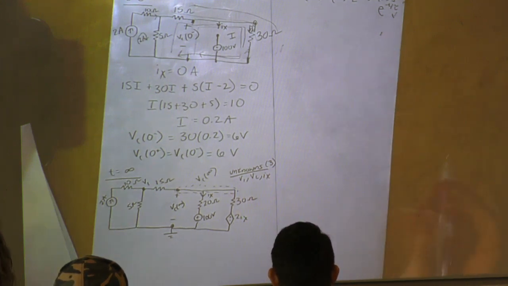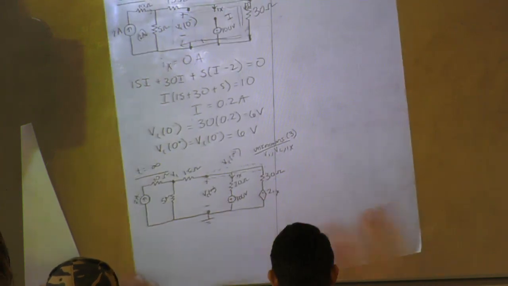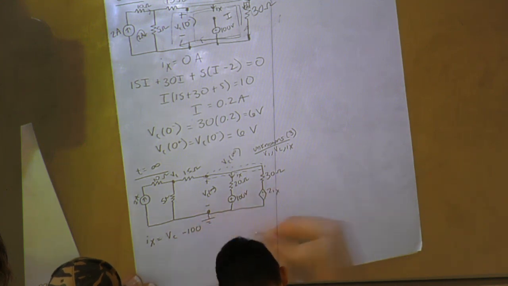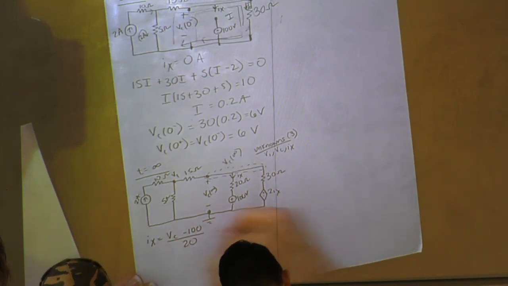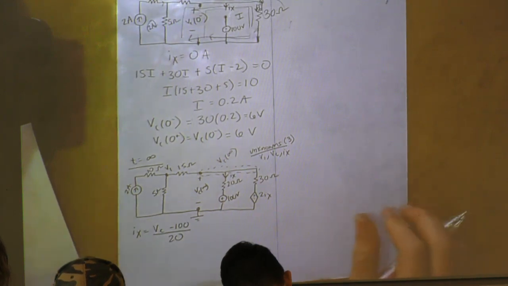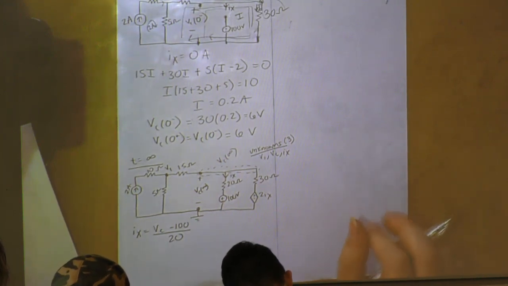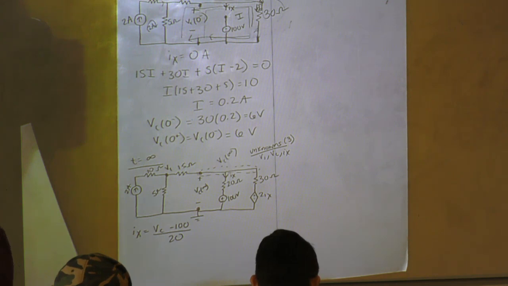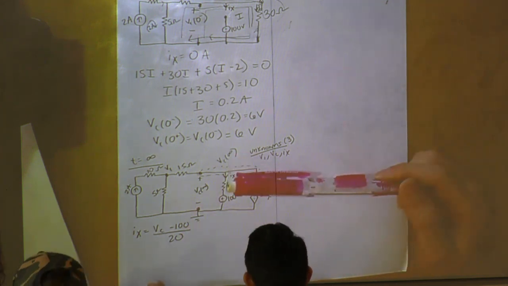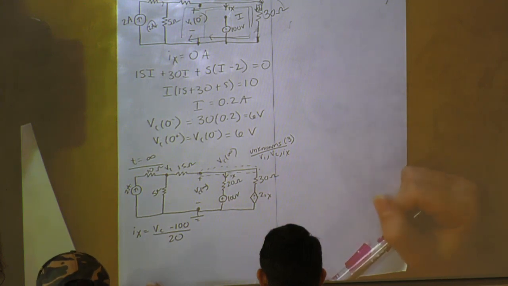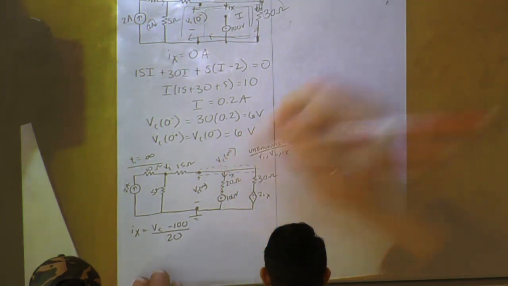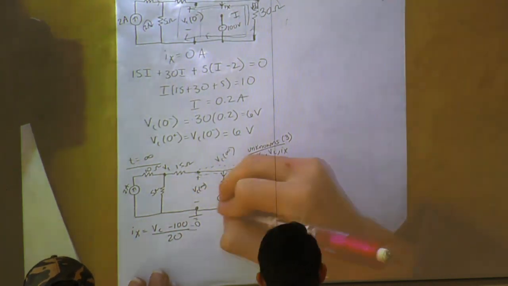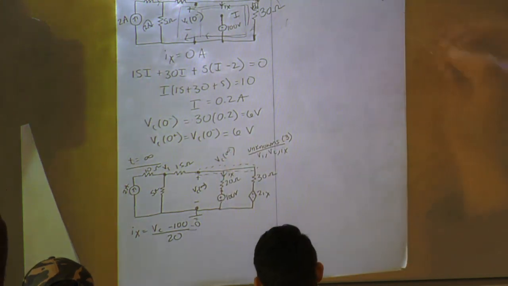So current IX equals VC minus 100. Is everyone okay with where I got this equation from, VC minus 100 instead of VC minus 0, or doing two different nodes and splitting it up? Because this is technically VC minus 100 minus 0.